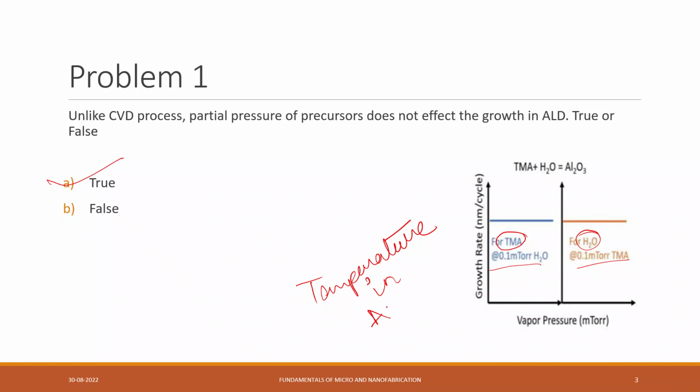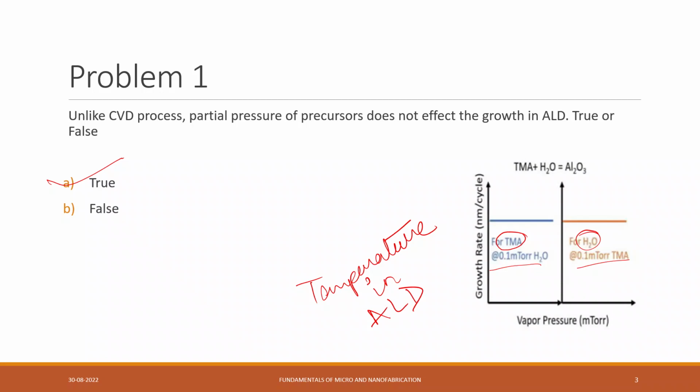That is an advantage in ALD that we get over CVD, because a variety of factors are there in CVD, while in ALD the factors are very few. It's the temperature that can change your growth rate, not the partial pressure. That's the crux of the question.